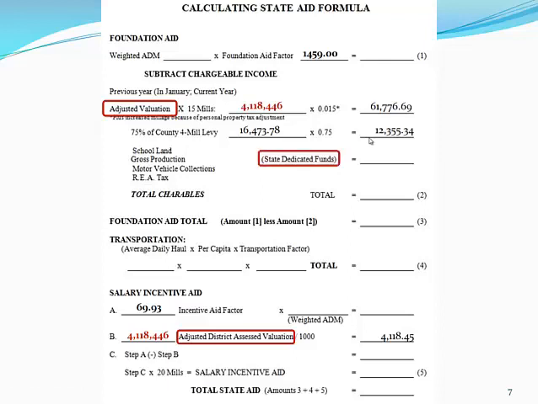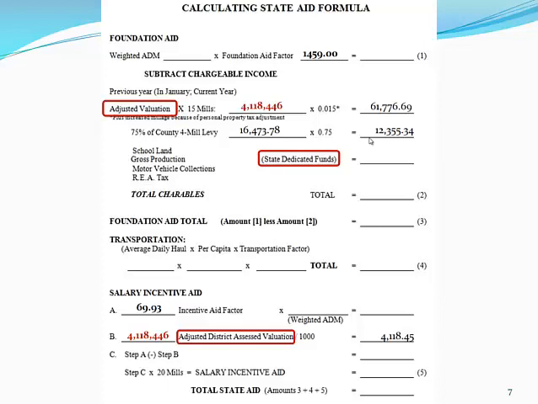Next, we move to what are called the state dedicated funds. These are funds that the state automatically flows straight through to the district. You can see these are school land monies, gross production taxes, motor vehicle taxes, and the REA. The REA tax is your rural electrification, and we see a lot of this out in western Oklahoma.